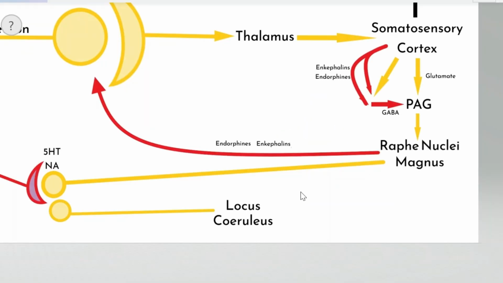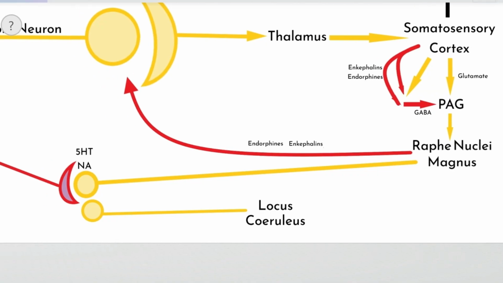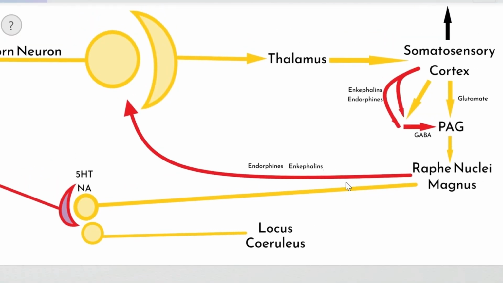So for the next group of drugs, we're going to come back over to our friend the PAG and raphe nucleus over here, and these are essentially opiates. Now, opiates essentially mimic these endogenous opioid neurotransmitters here, so endorphins, enkephalins. They can act on a variety of different receptors, because these guys actually have lots of different receptors. They tend to act on the mu receptors rather than the kappa and the delta receptors, because the mu receptors are found everywhere.